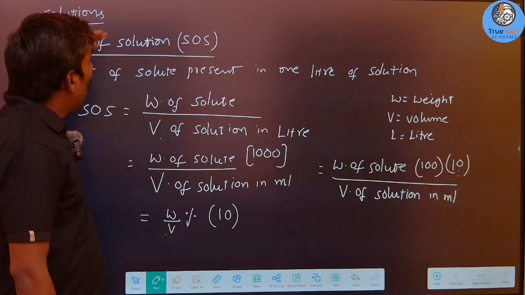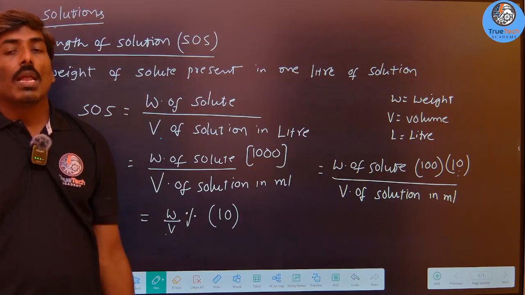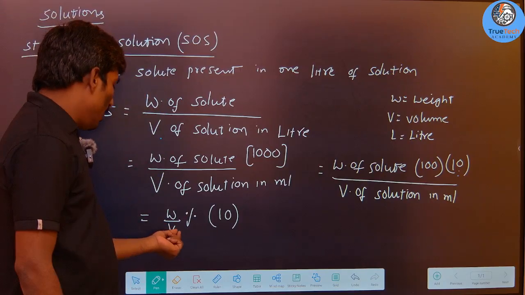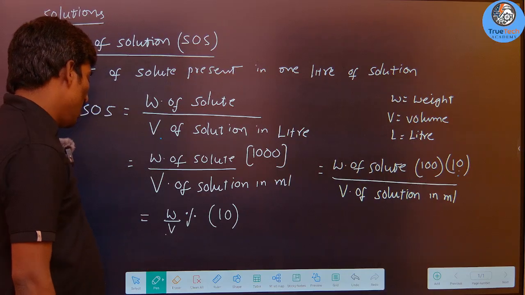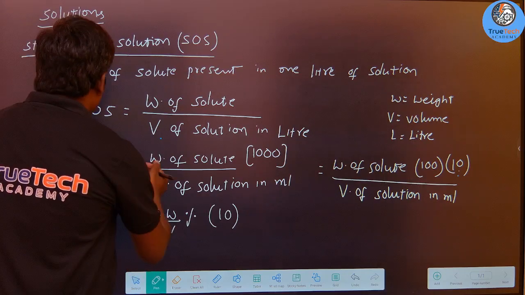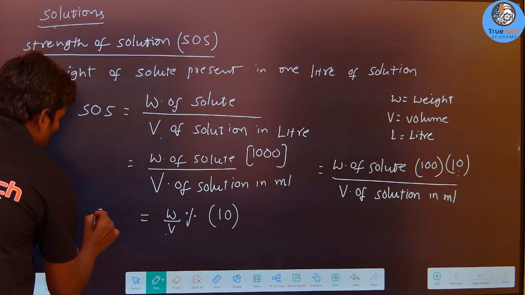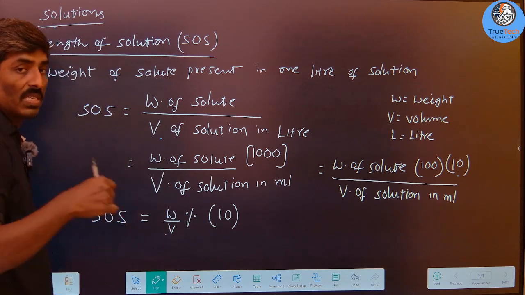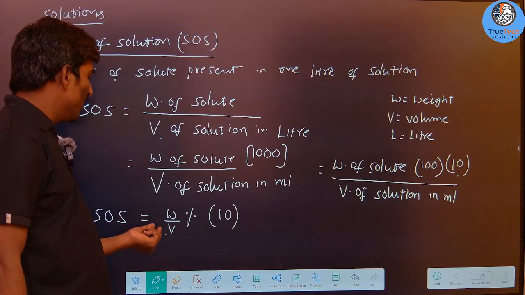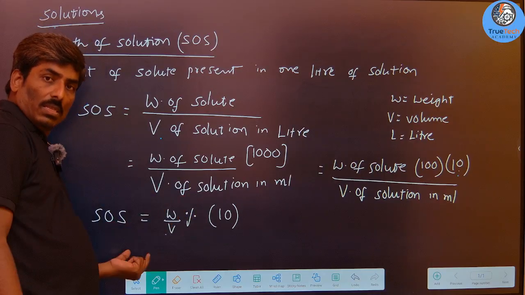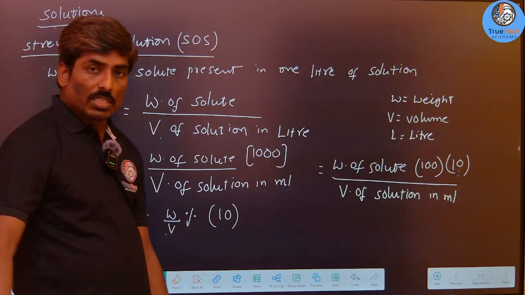So this is how strength of solution is connected with weight by volume percentage also. So this is another formula for strength of solution based on the given information in the question. If the given information is weight by volume percentage, this formula we will use. Okay. Next, we will go to the next one.